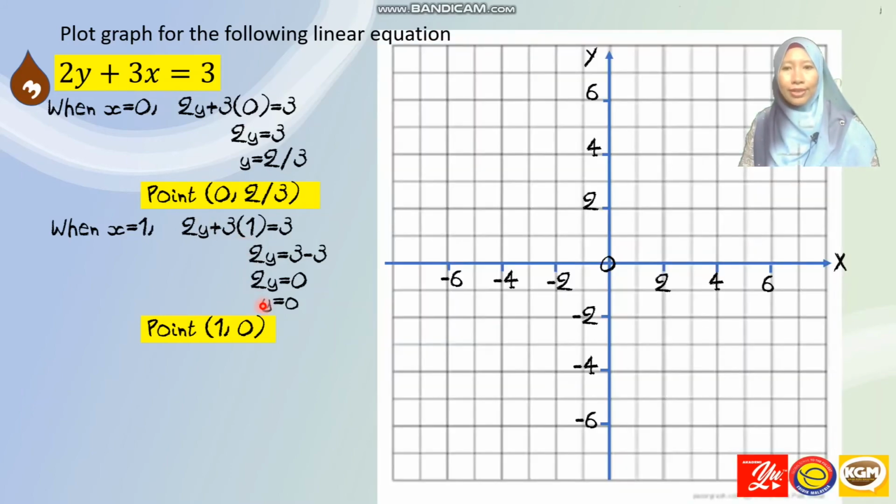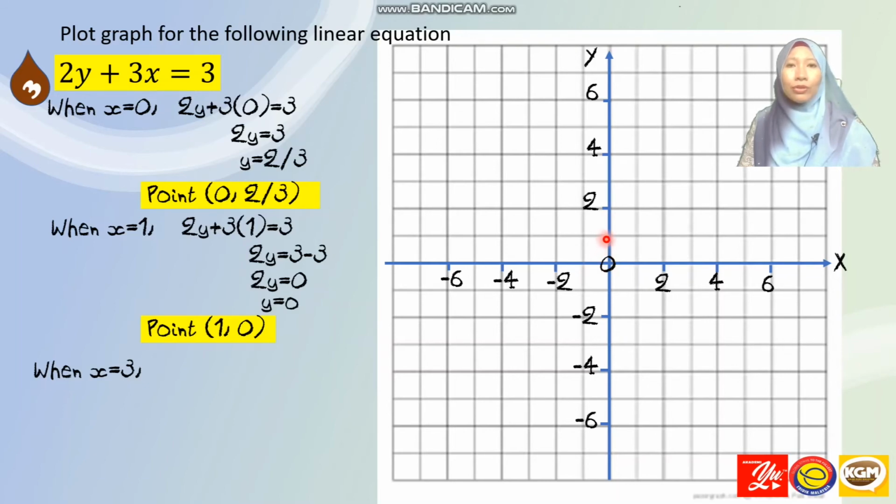That's our grid and our Cartesian plane. Now, I don't want to use the point 0, 2 over 3 because it might not be precise. It's difficult to determine where 2 over 3 is here. This can be a decimal or fraction.